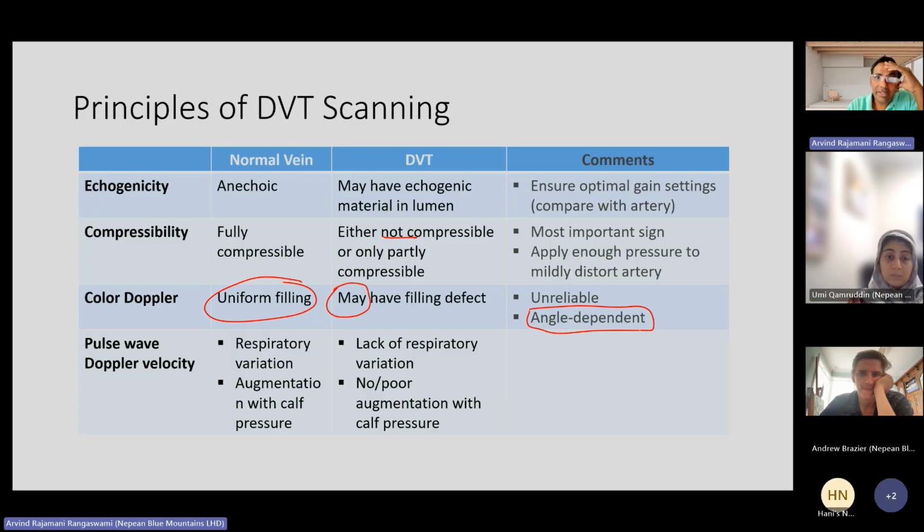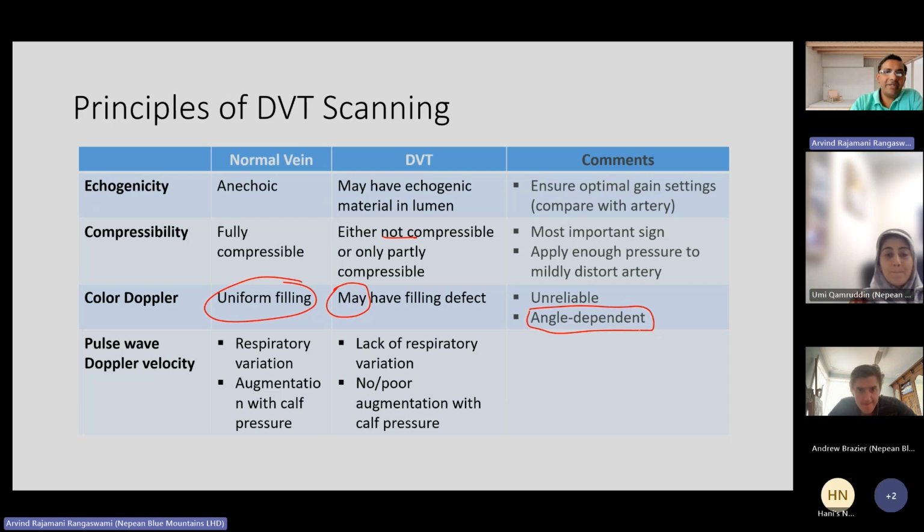What you're looking for here is, in a normal vein, full communication between the anatomical point where you're scanning and the entire vein all the way up to the heart. So if there is no anatomical occlusion between the right atrium and, in this instance, the femoral vein, for example, then you'll have the cardiopulmonary pressure variations transmitted all the way to the femoral vein or even the popliteal vein.